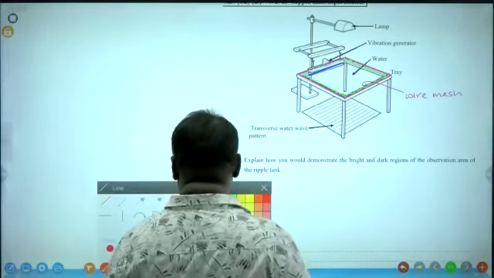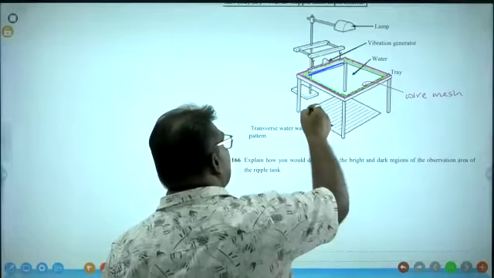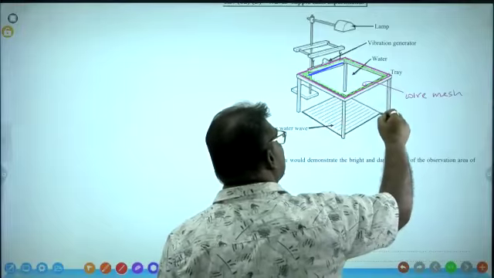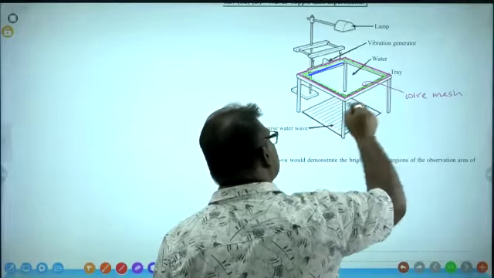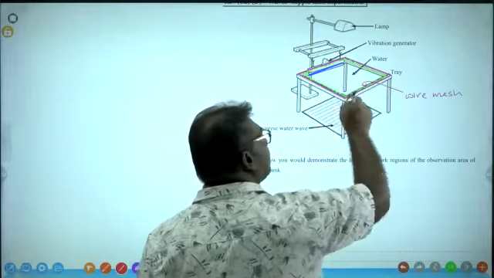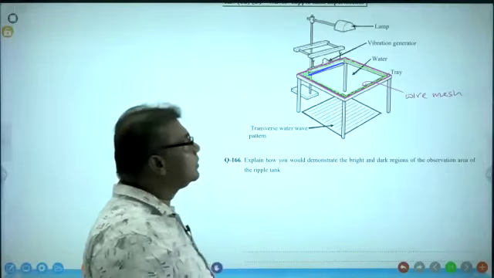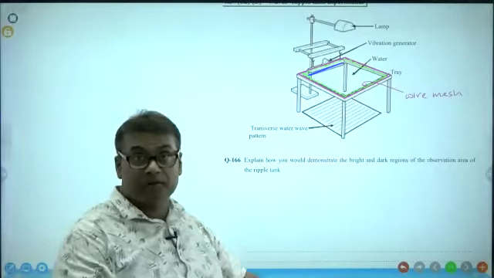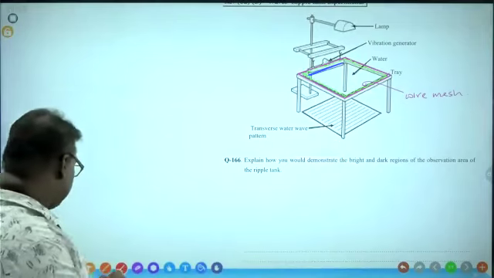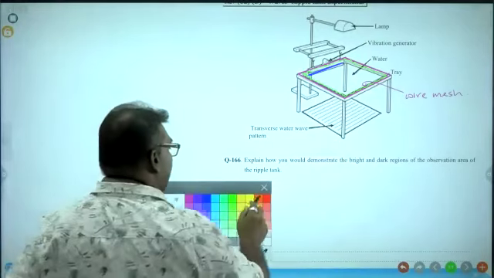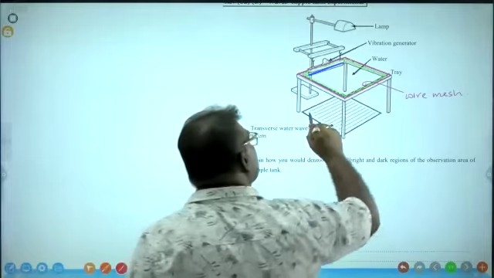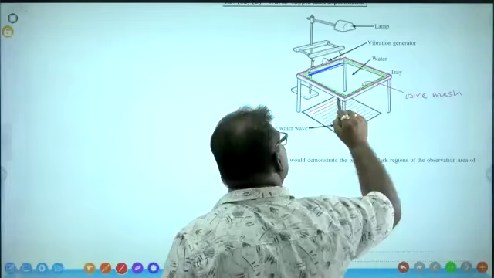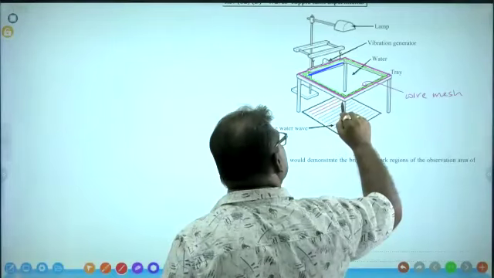This is the observation area, right? Here we have the observation area. By placing white paper at the bottom, we have to adjust the height of the ripple tank to clearly show the images on the observation area, right? Then at the observation area, it seems there are these kinds of bright regions, and in between these two bright regions, we have a dark region.